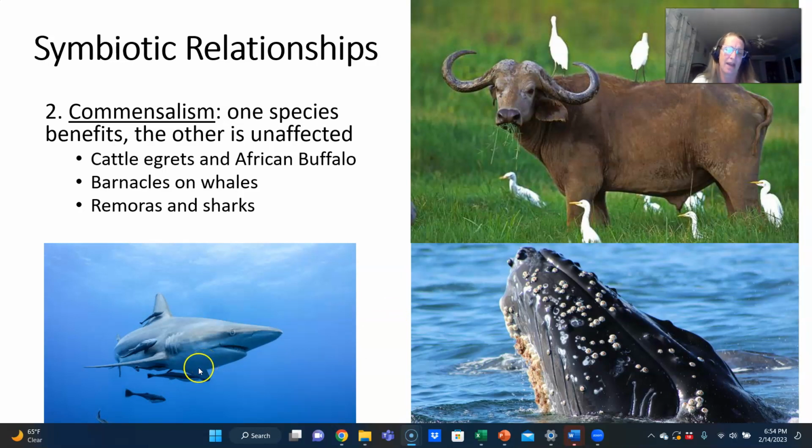It basically just hitches a ride. So again, it can travel through the ocean without using any energy because it's attached to the shark. And whenever the shark feeds on anything, the remoras have the benefit of getting the scraps or any leftovers that happen to be floating around in the water. So the remoras benefit and the sharks are not affected.